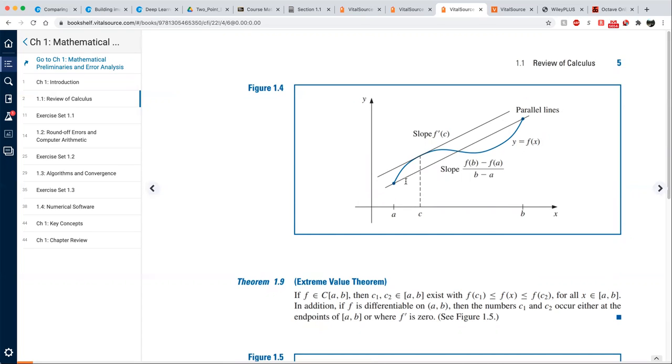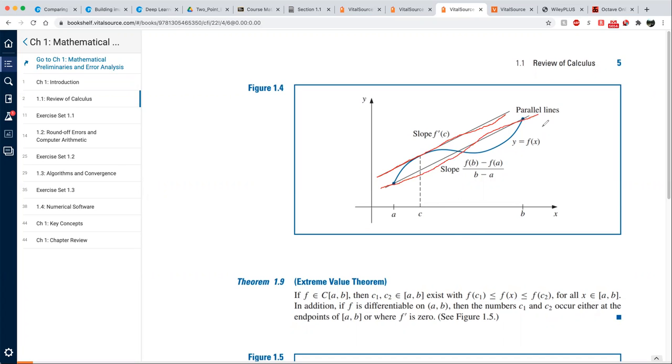Then what happens? There exists a certain x value c such that the slope of the tangent line, f prime of c at x equals c, is equal to the slope of the secant line passing through the two endpoints.